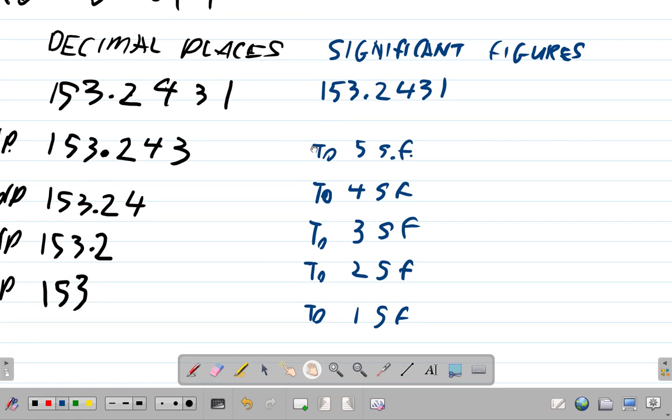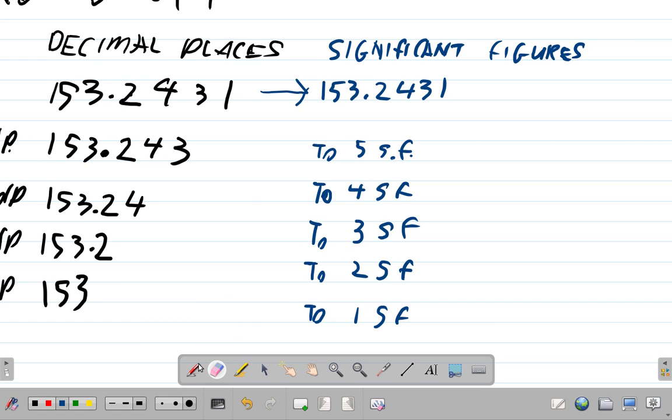Now, the number of significant figures. You start counting figures when you see the first non-zero digit as you look from left to right. Now, here, we're going to count digits looking from left to right.